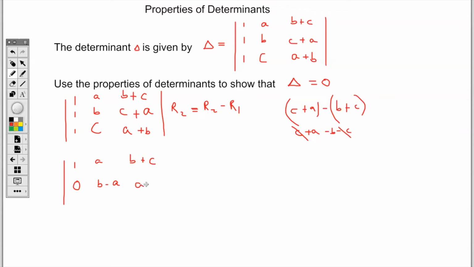So it will be the same case. We're going to do another row operation. So row 3 is equal to row 3 minus row 1. Row 3 minus row 1, so 1 minus 1, that's 0.